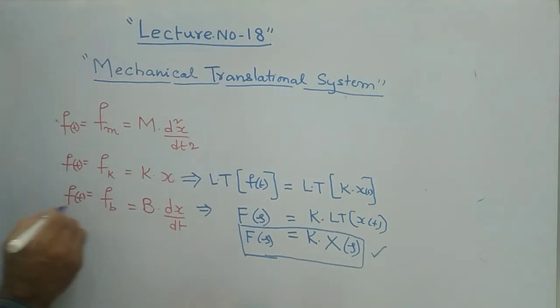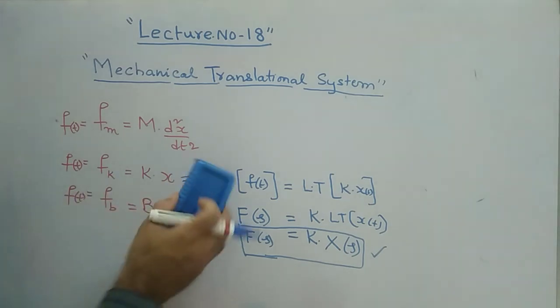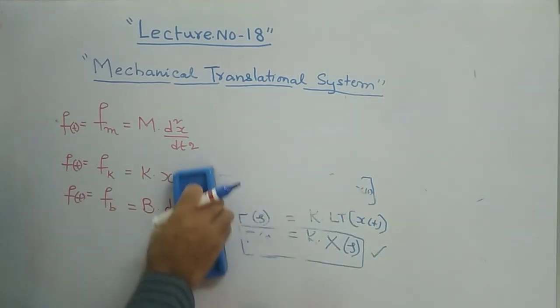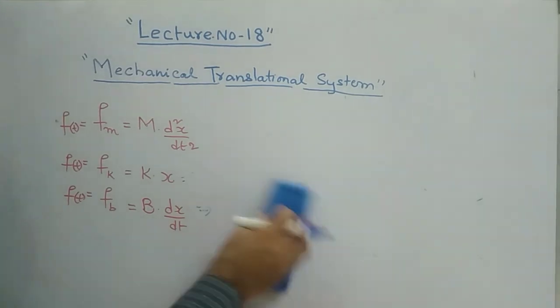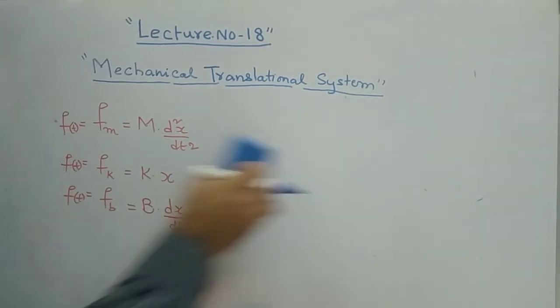Now, coming to the third one, means the third force balance equation, that is the dash pot element. If you apply the Laplace transformation for this, how will it become? Let us see the third one.